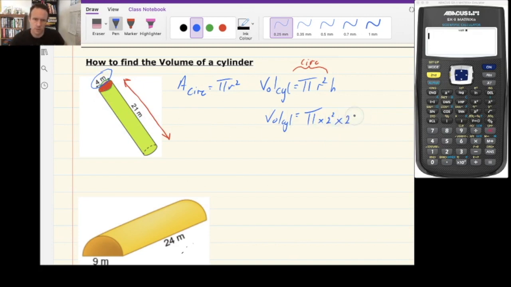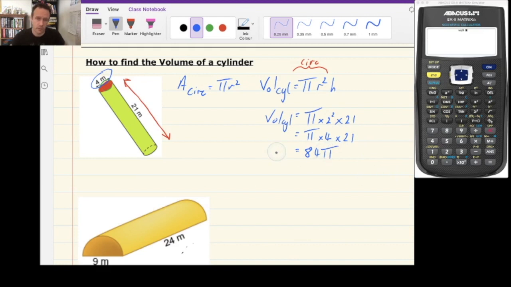So we can start working this out and go pi times 4 times 21. I've just done the squaring there. Then we can multiply 4 and 21. So 2 21s are 42, 2 42s are 84. So we get 84 pi.